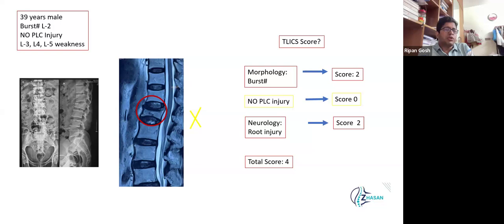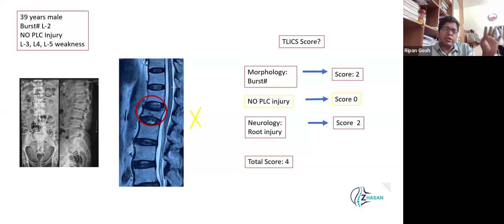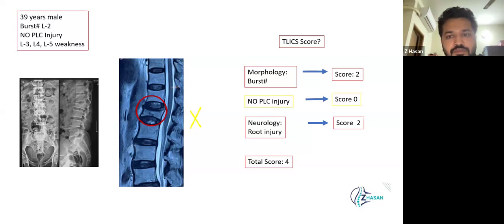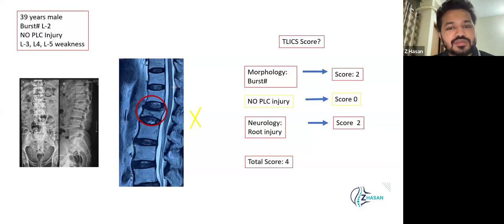So you can think it is a root injury. I have seen lots of patients in the ward. Ripon da is absolutely correct. I have also seen this kind of injury, where there is an injury at L2 or L3 and one limb has a few neurological involvements, like a few roots.